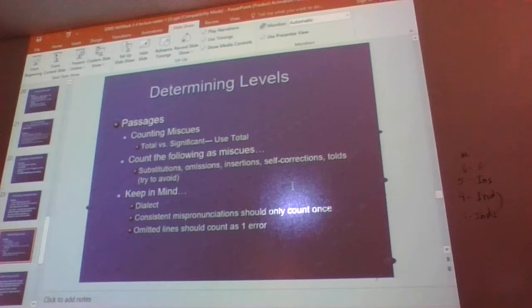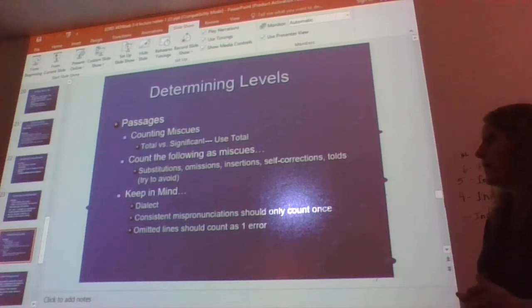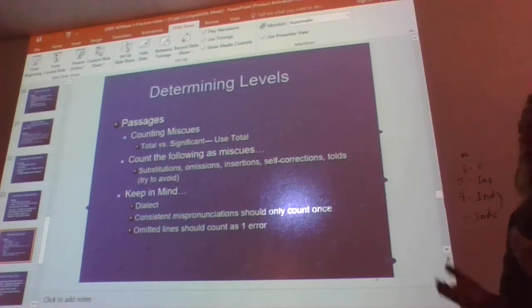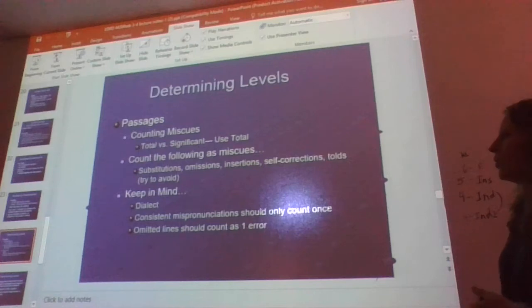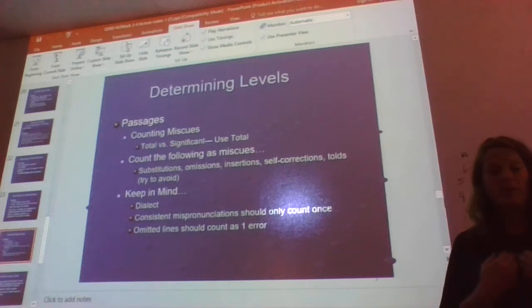And then here's determining levels, we already talked about that on the passages. And then keep in mind there might be some dialect. Only count once if they miss the same word over and over in the text. When I do a running record, if they say here for there 3 times, I give them 3 errors for that.